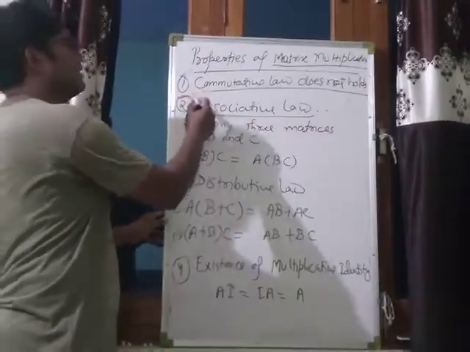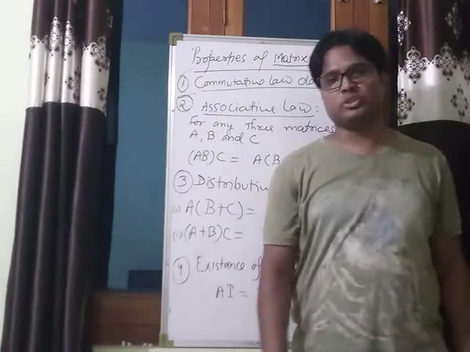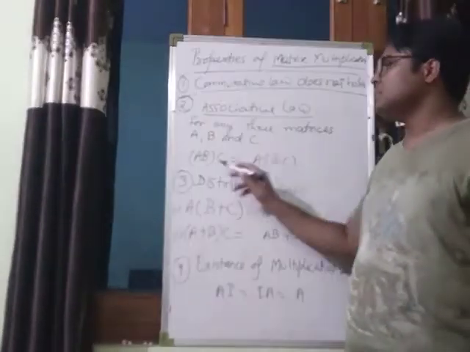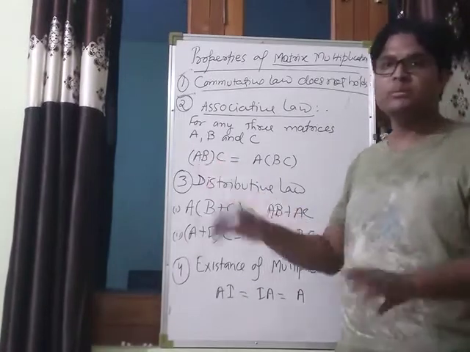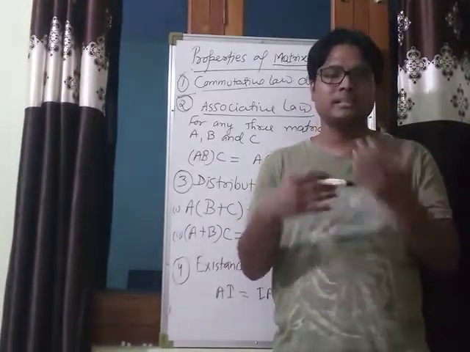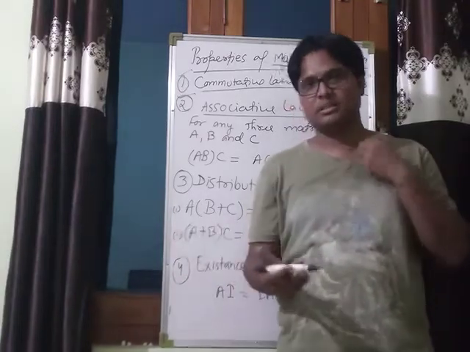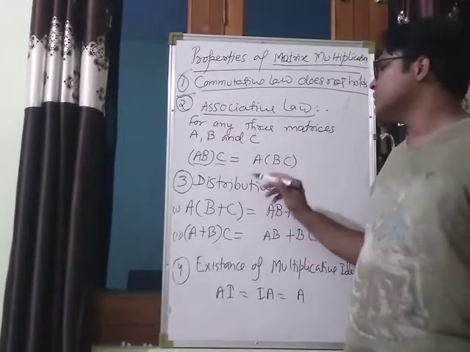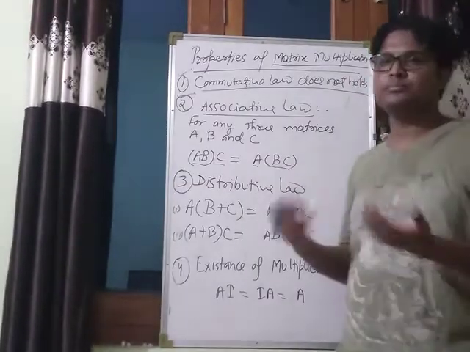Second, the associative law. In matrix multiplication, the associative law holds for any three matrices A, B, C, if their orders are such that the products exist. In that case, AB into C is the same as A into BC.